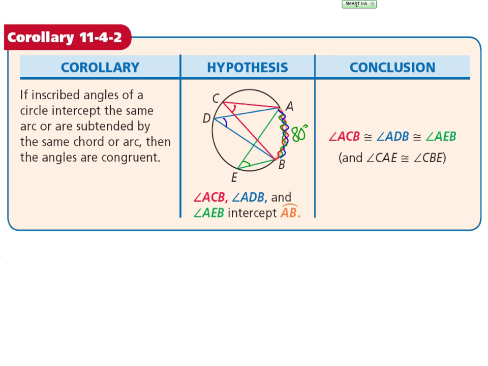Those angles, ACB, ADB, and AEB will all be the same degrees. Sometimes this is one that you don't notice right away. But if I focus on the arc and then see what angles come to the ends of it, you might notice that they're all half of the same thing. Got the notes?